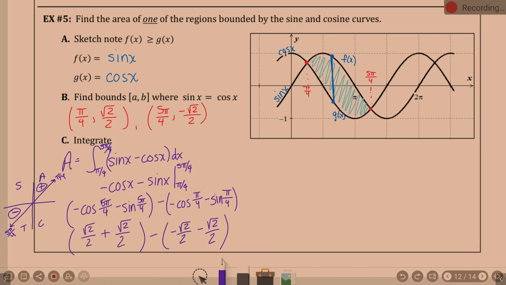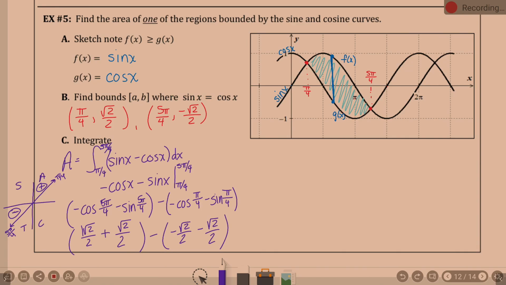Now, think about this, guys. Does it help if I say that's a 1 square root of 2 over 2? So in this first parentheses, this is like 1/2 square root of 2 plus 1/2 square root of 2. And 1/2 plus 1/2 is 1.